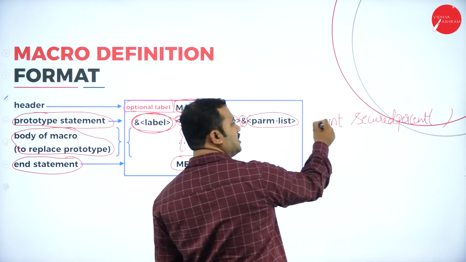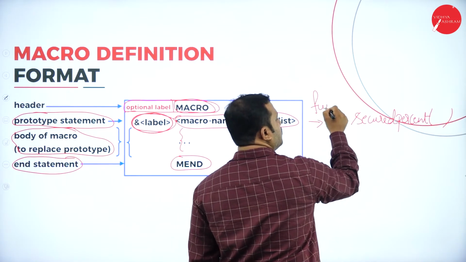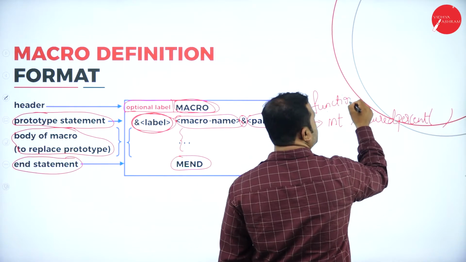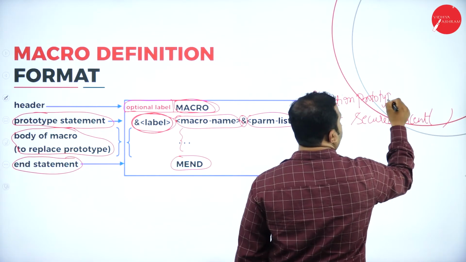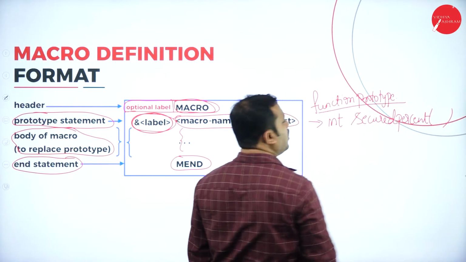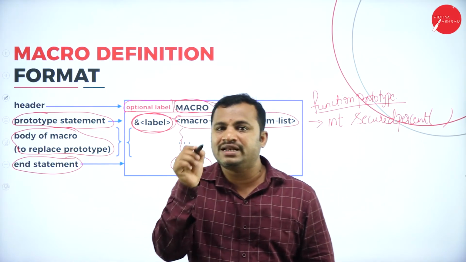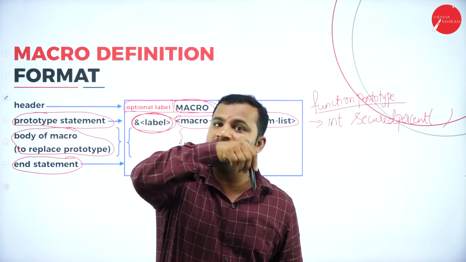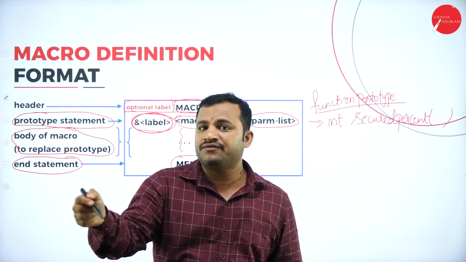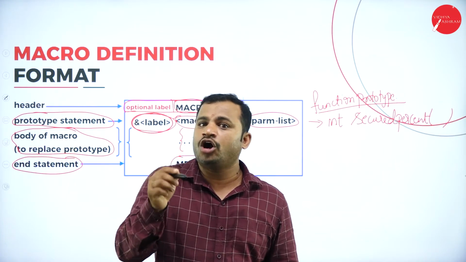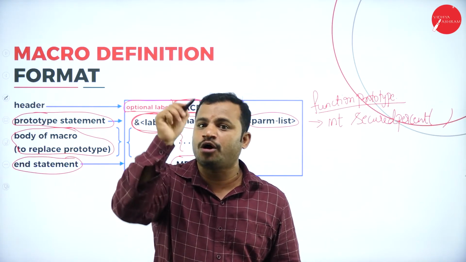This is called a function prototype. What is the meaning of function prototype? Let me clarify that. A function prototype is an indication to the C compiler that there is a function definition in the future, so that there would not be any error in the case of a top-down approach.